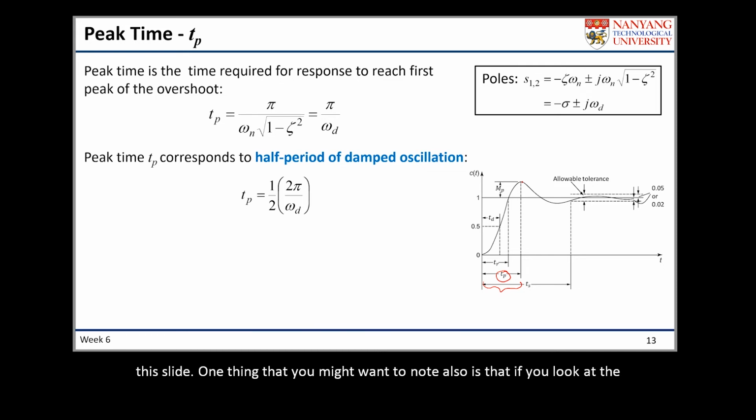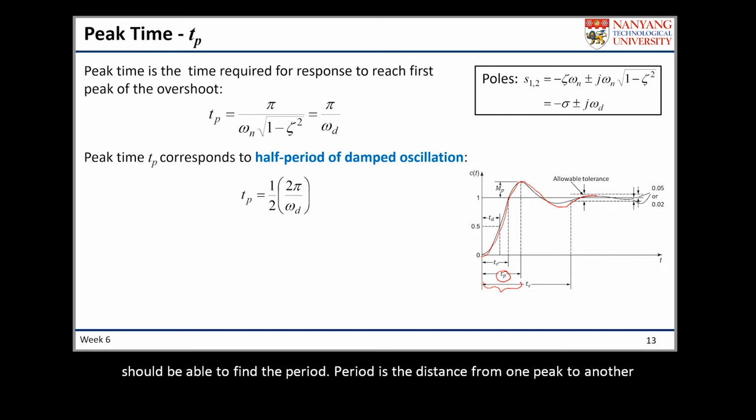One thing that you might want to note also is that if you look at the step response of this underdamped second order system, basically it is an oscillation, right? An oscillation whose amplitude is damped, but from an oscillation you should be able to find the period.